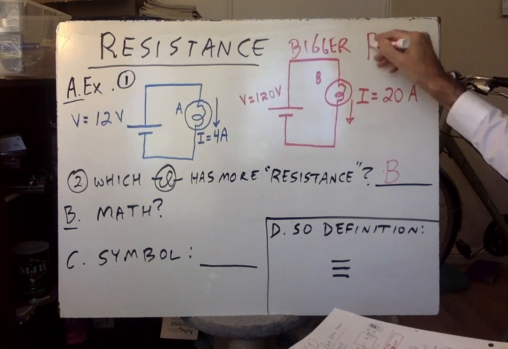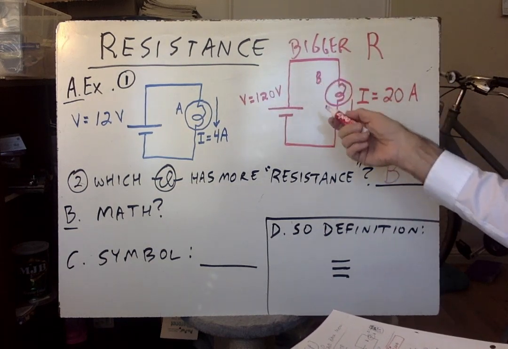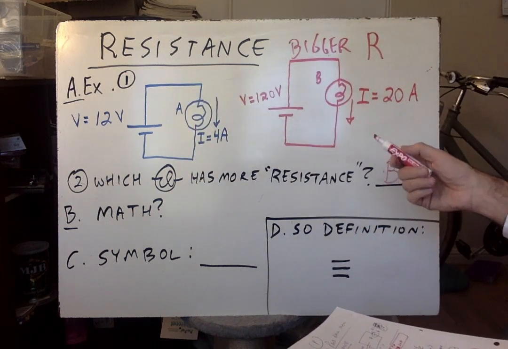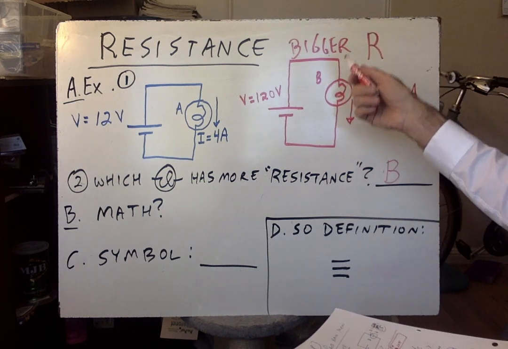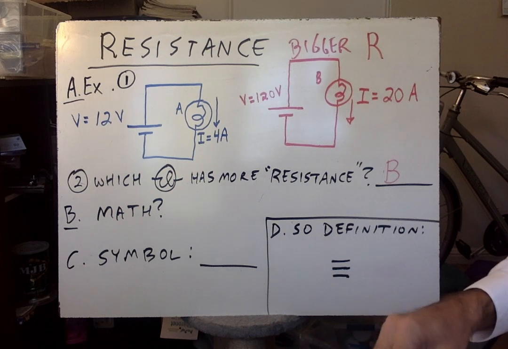We've established that. So we need to use these two numbers in such a way we get a bigger number here and a smaller number there. And in fact, we want a number here that's twice as big. So pause the video and think about what math you would do.